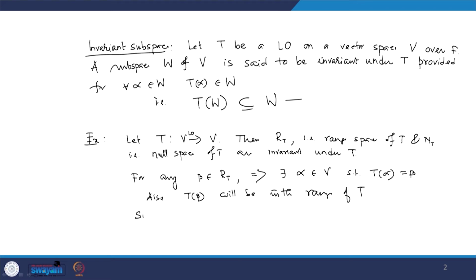Similarly, if alpha belongs to NT, this implies that T of alpha equal to 0.